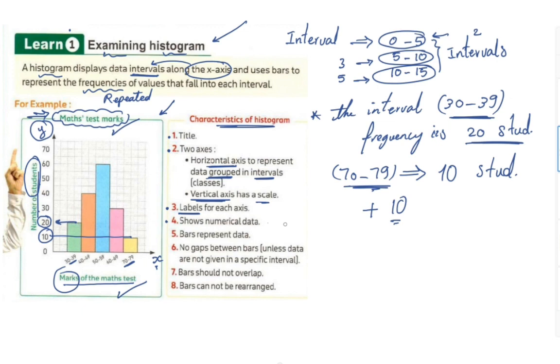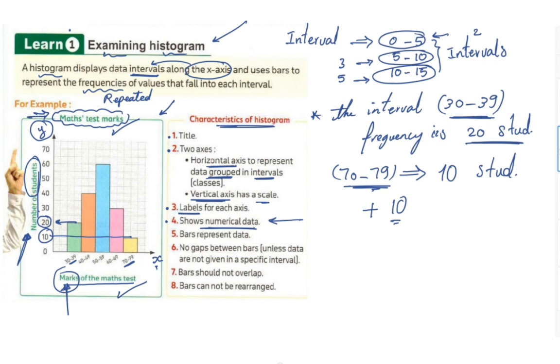Number 4, show numerical data. Note with me, all this data: here we have marks as numbers, and number of students is also a number. So all these data are numerical data.